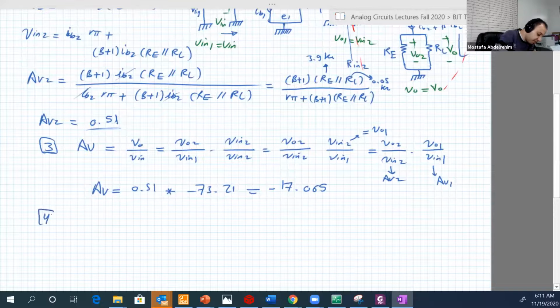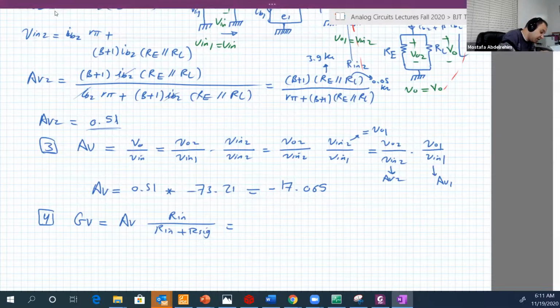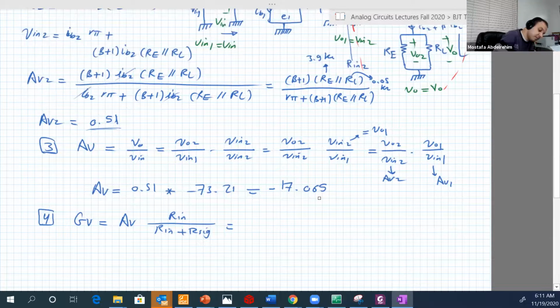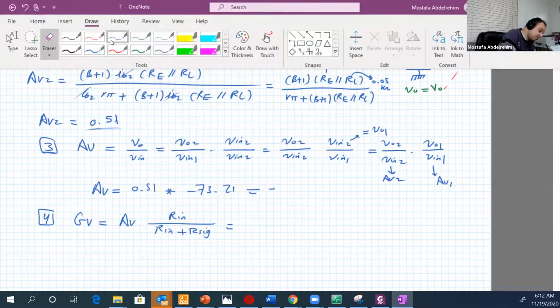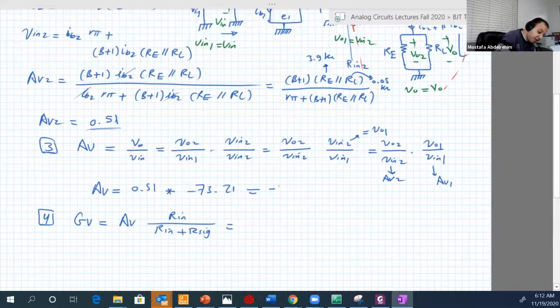Number 4, GV. GV is equal to AV, Rin over Rin plus R signal. That's very straightforward. I'm sorry, AV total is minus 37.19.